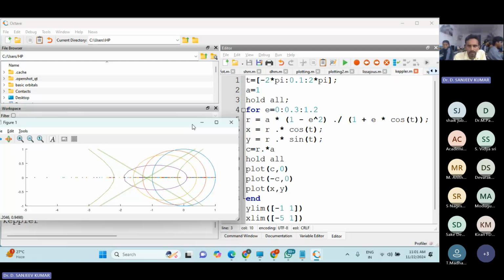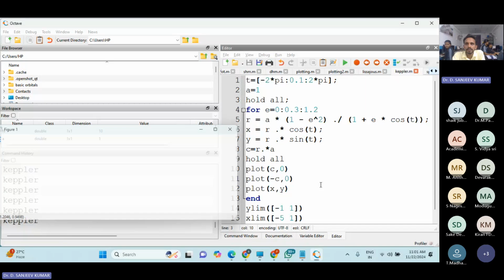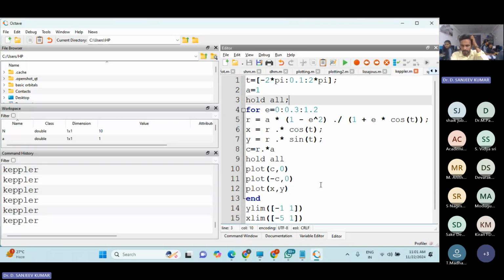Okay, so this is about Kepler orbits. So next one, I'd like to plot a spiral.